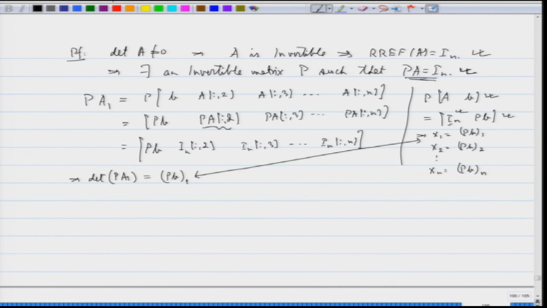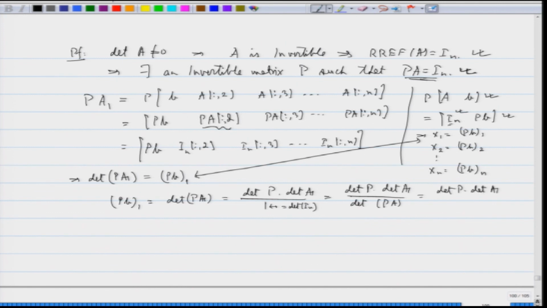So, PB of 1 is equal to determinant of P A1, which is the same as determinant of P into determinant of A1 divided by determinant of identity, which is 1, which is determinant of P times A. That is the same as determinant of P into determinant of A1 divided by determinant of P into determinant of A. This part cancels out, and you get determinant of A1 upon determinant of A.